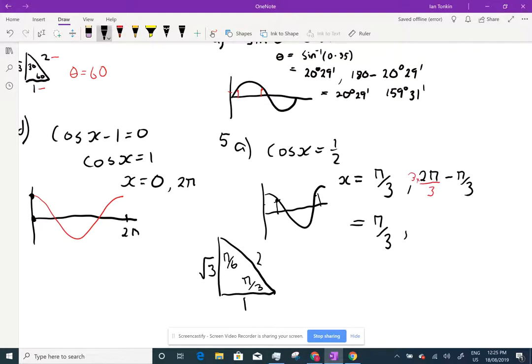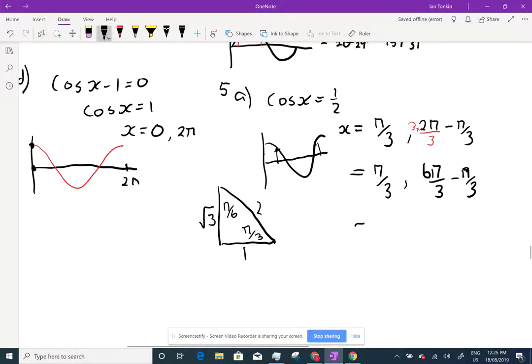So you've got 6 pi on 3, because that's what 2 pi is, minus 1 pi on 3, which gives you 5 pi on 3. If you somehow eliminate the pi, you've got it wrong.